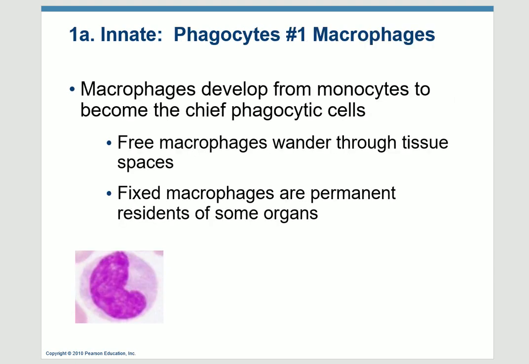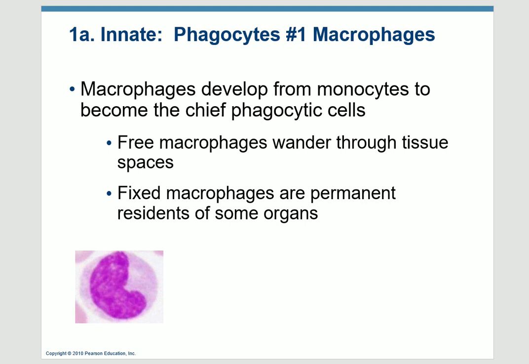So first, but not least, phagocytes, specifically the macrophages. Macrophages develop from monocytes to become the chief phagocytic cells. So phagocytic cells are the Pac-Man of your blood. Phago means eat, cyte is cells. They engulf themselves around whatever they're going to eat, Pac-Man style, and they digest it and spit out the parts that they can't digest.